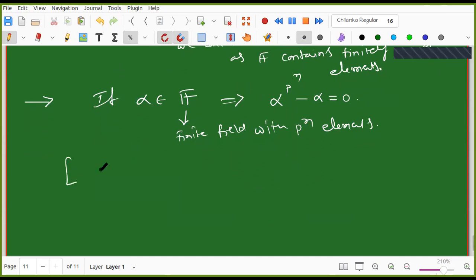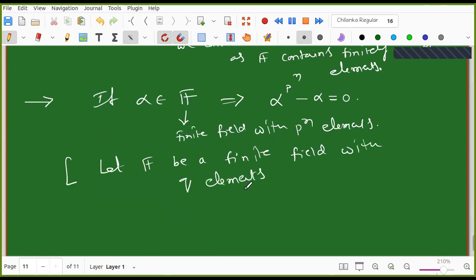I'll write here further. Let F be a finite field with q elements. Then for every alpha belonging to F, alpha power q is equal to alpha.